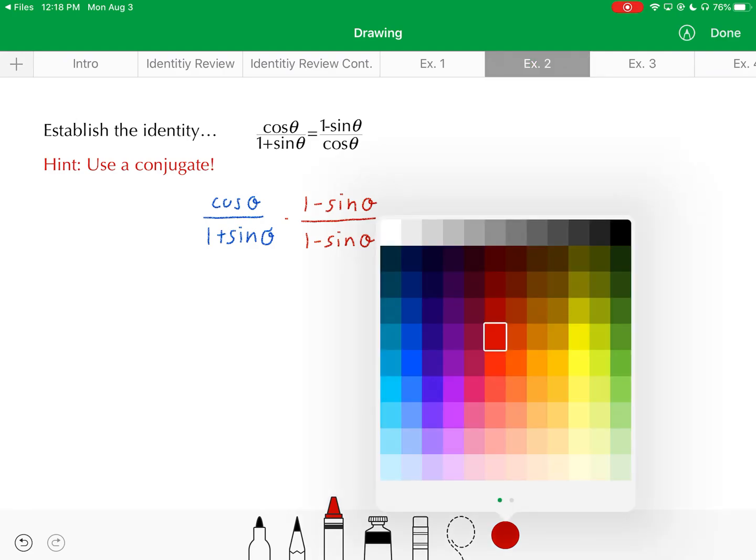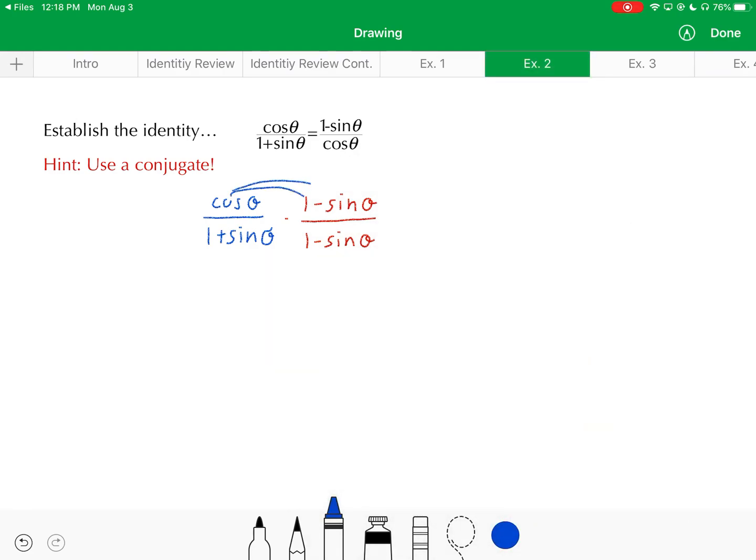Okay, I'm going to need to distribute, and then down below I'll have to do first and last parts of FOIL. So that's going to take me to cosine of theta minus sine theta cosine theta, all over 1 minus sine squared theta.